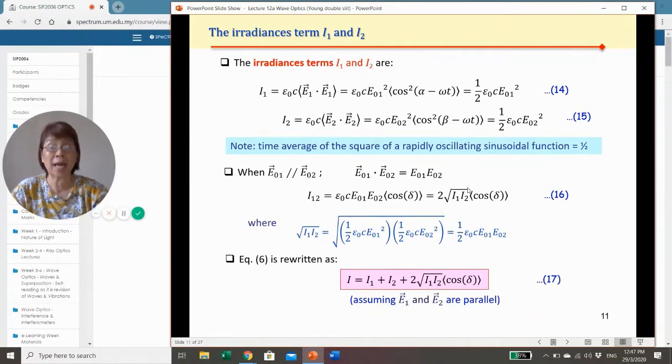So in other words, equation 6, which is the resultant irradiance when we have two light waves brought together, will result in the irradiance from the first source, plus the irradiance from the second wave, plus the interference term, where we have assumed that E1 and E2, the two waves, are traveling in a parallel direction.